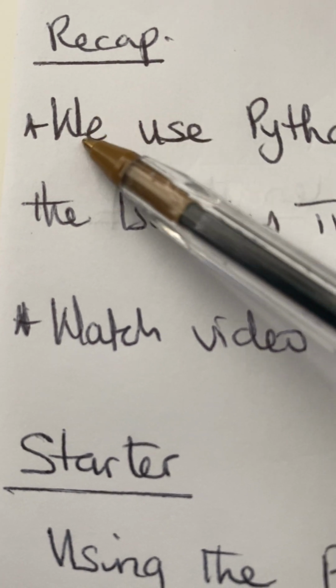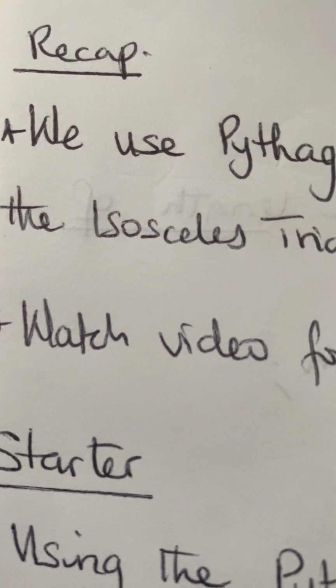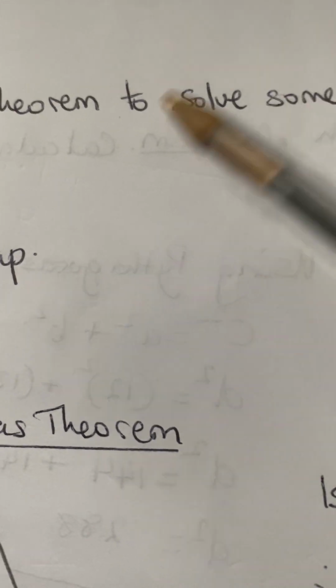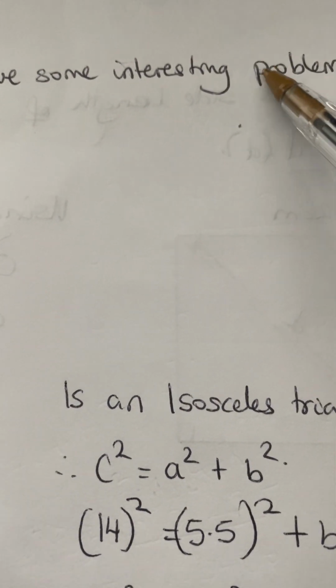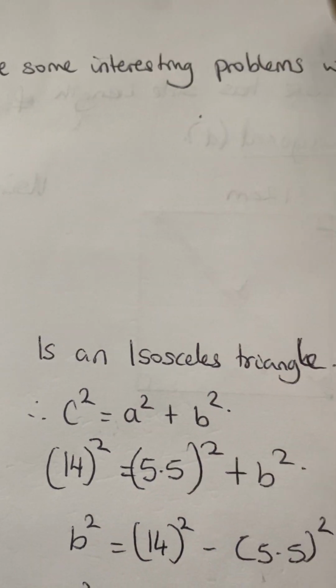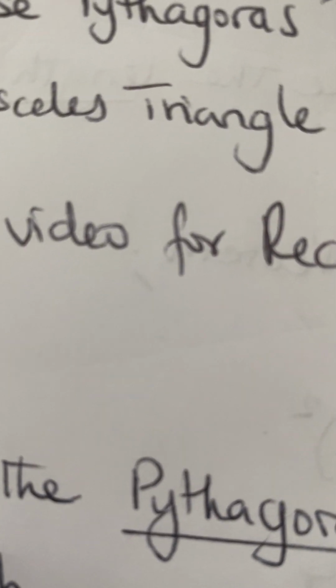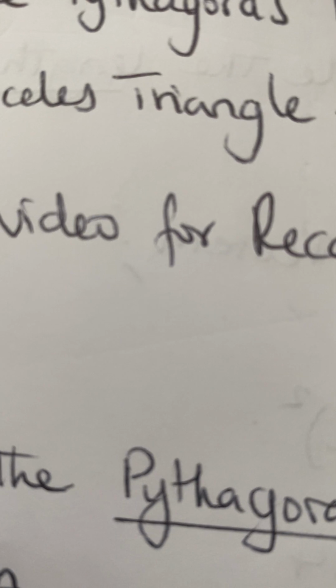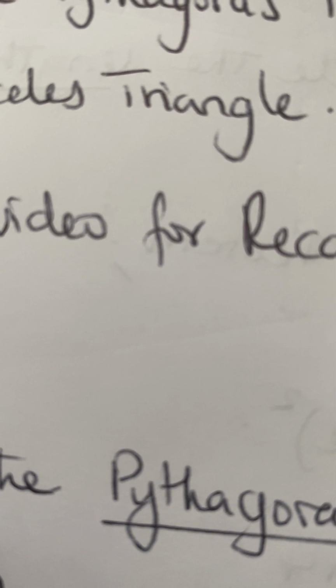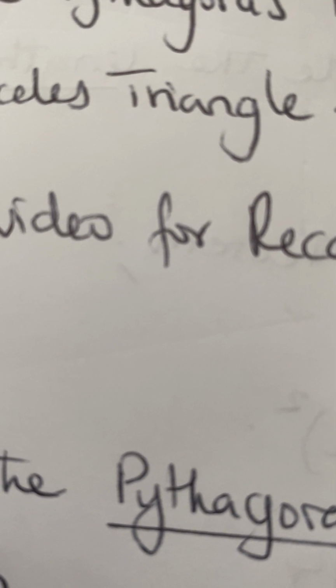Recap. Our last lesson, we used Pythagoras Theorem to solve some interesting problems involving isosceles triangles. These are triangles which have two equal sides.